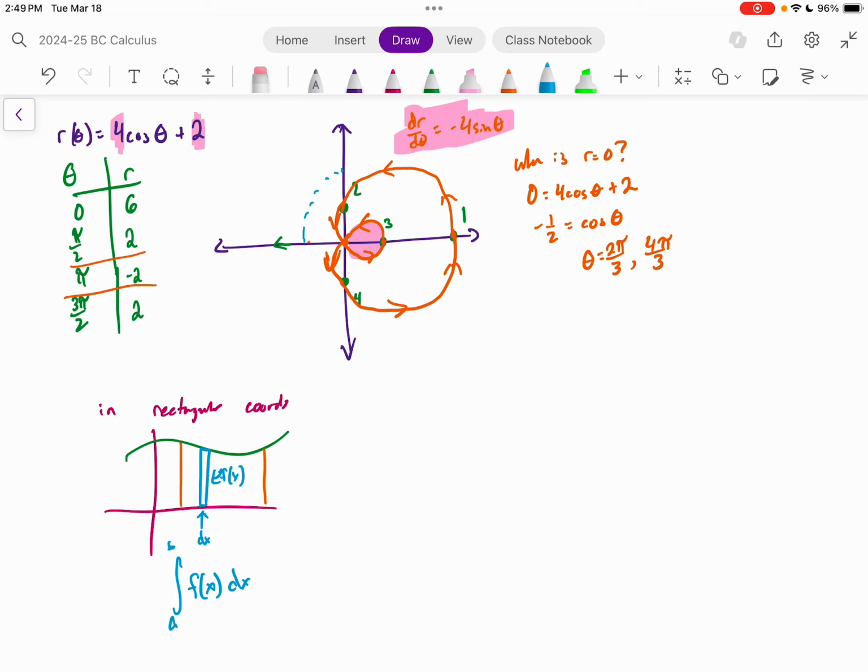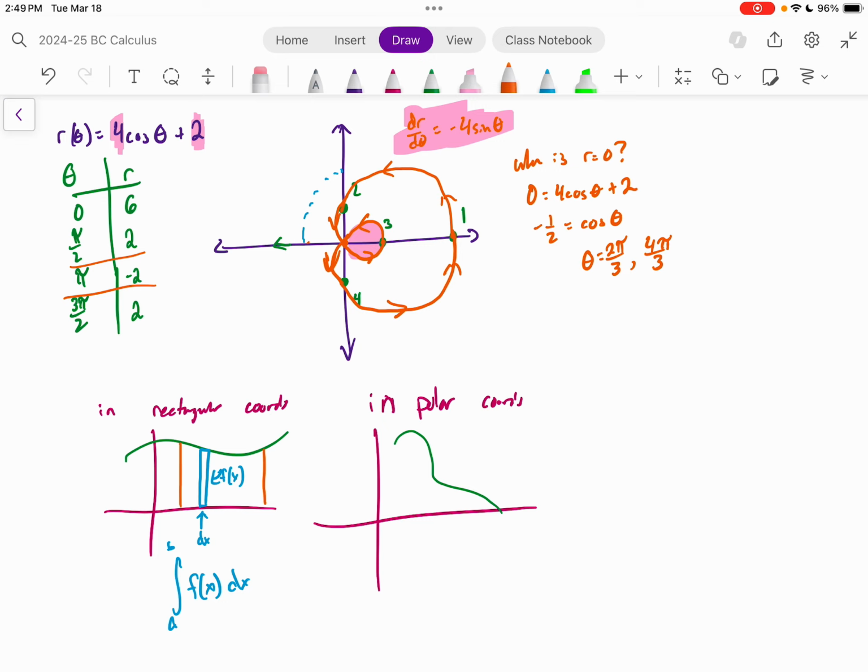Okay, well, similarly, in polar coordinates, suppose I have some curve out here, and that curve wasn't very interesting. Maybe like that.